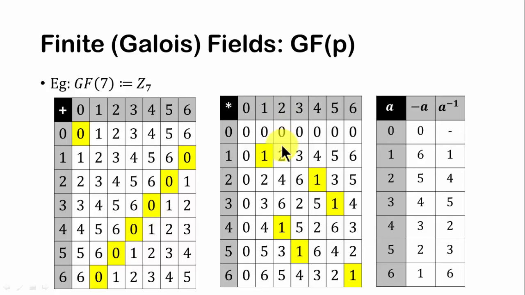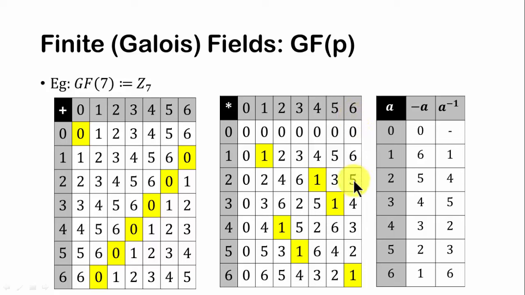In multiplication, 0 cannot have a multiplicative inverse because of the condition of the field. 1 has the multiplicative inverse 1, 2 has the multiplicative inverse 4, and the calculation is also simple: 2 cross 3 equals 6, 6 mod 7 is 6; 2 cross 6 equals 12, and 12 mod 7 equals 5.